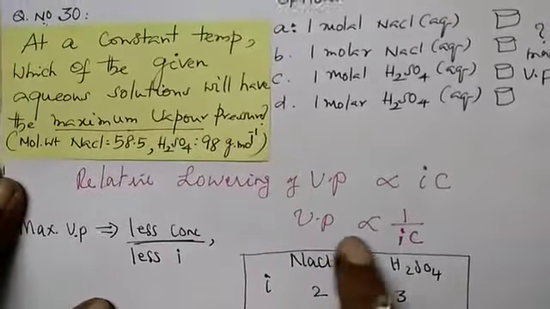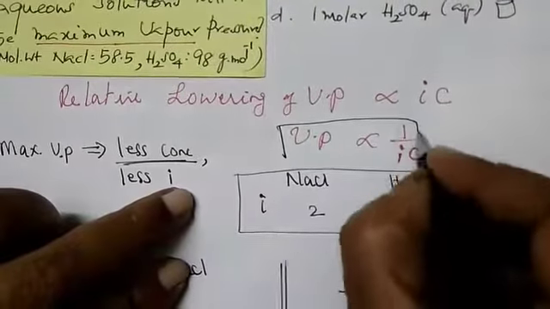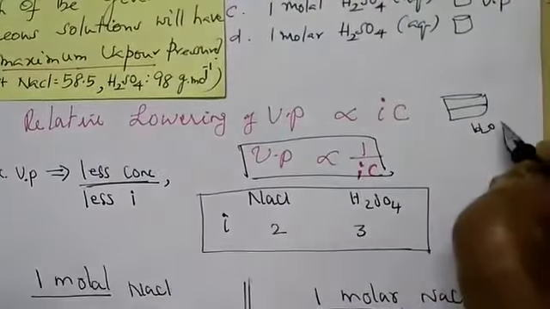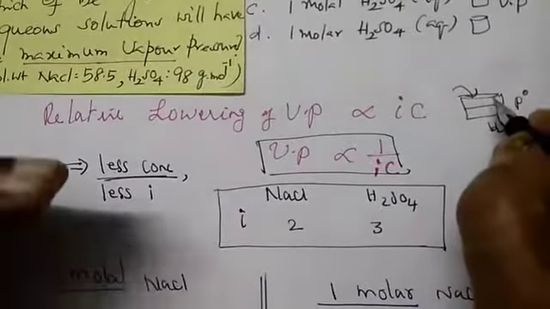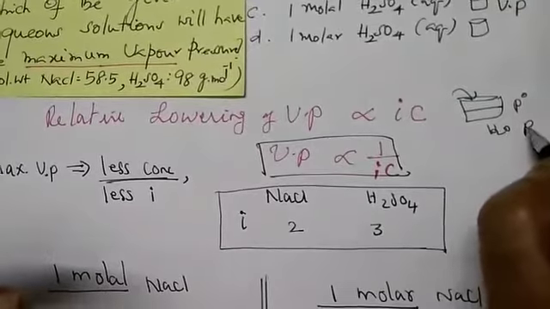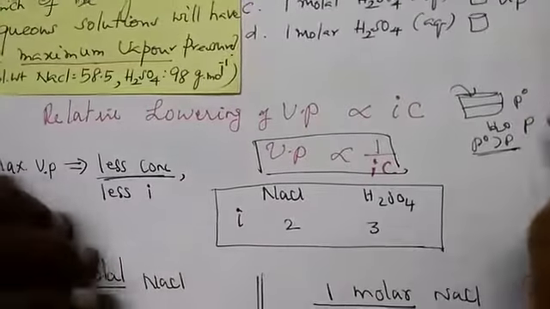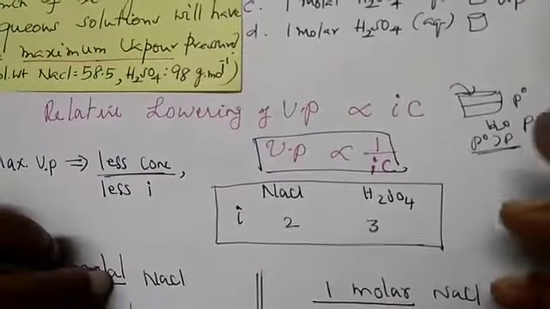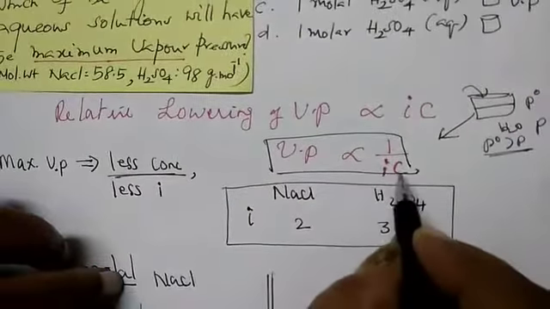Now let us see the relationship between vapor pressure and concentration. Take water as the pure solvent, and its vapor pressure is P0. When you add some substance and measure again, we call it P. Always P0 is greater than P. The vapor pressure of the pure solvent is more; when you add anything, the concentration increases and the vapor pressure decreases. So vapor pressure and concentration are inversely related.